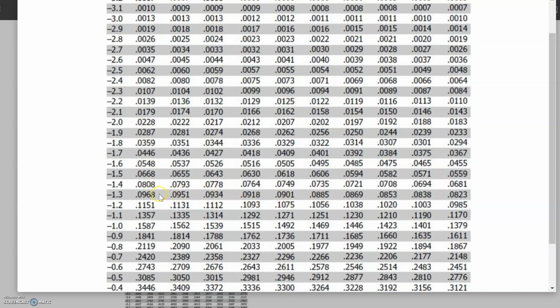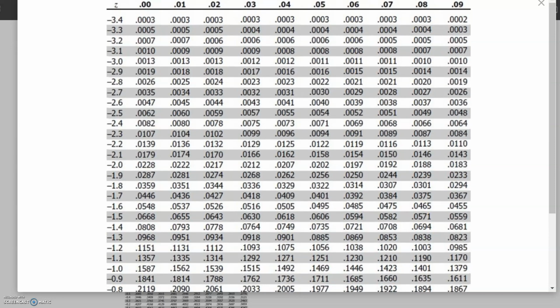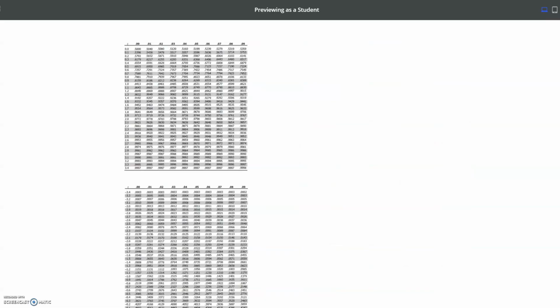It seems we are going to be about negative 1.28. You see how that's about 10%? It's like 10.03%, which is really close. So negative 1.28 is what I'm going to use.